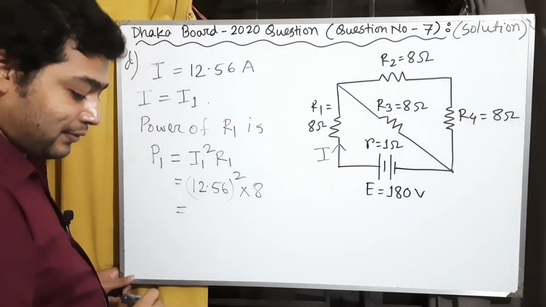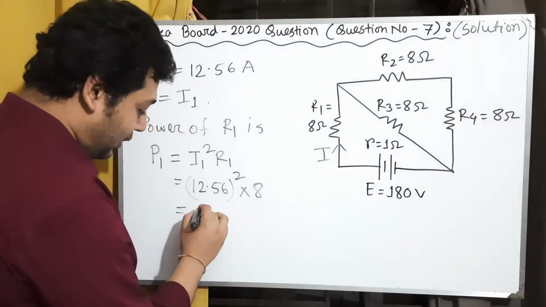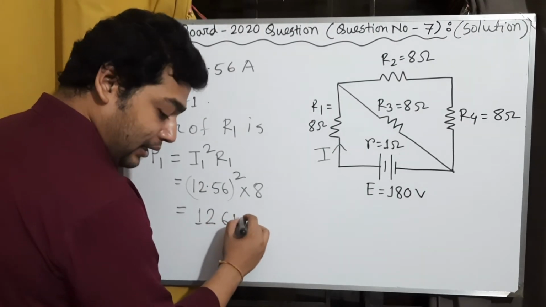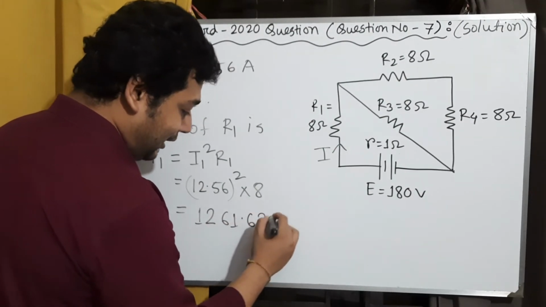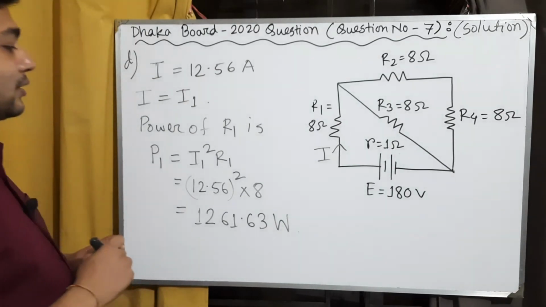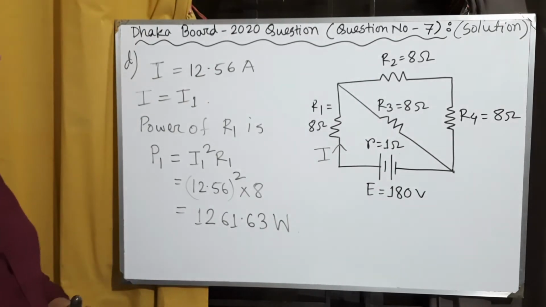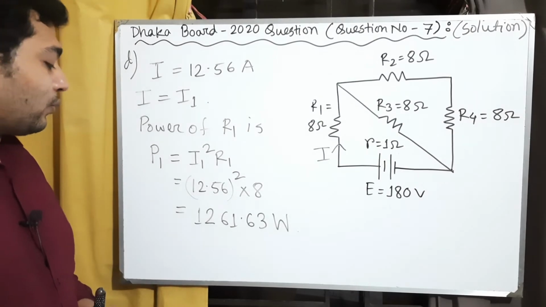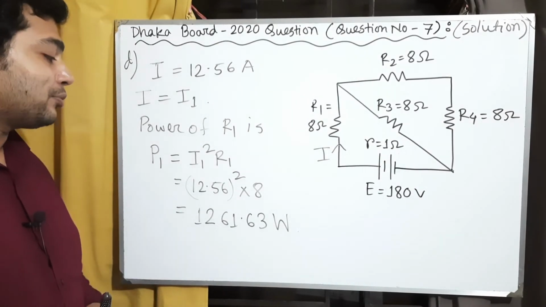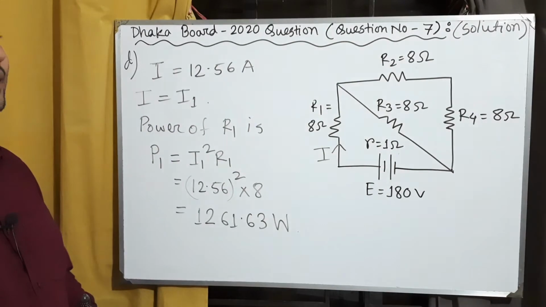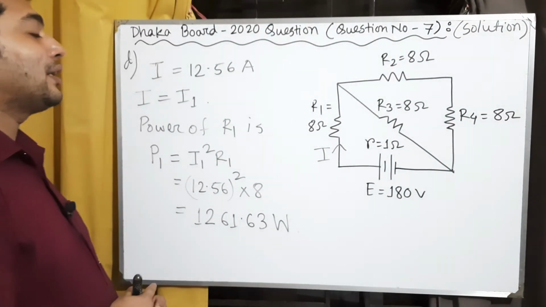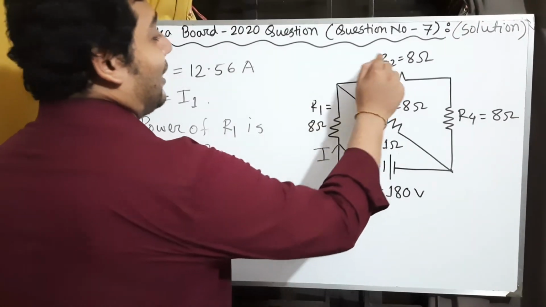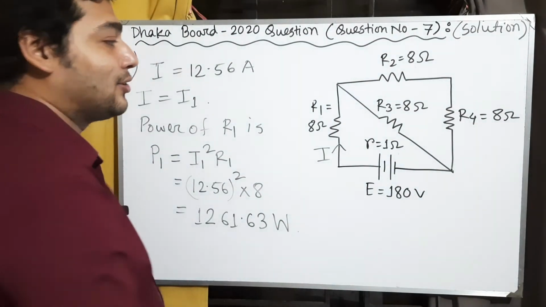Calculating this value, we get 1261.63 watt. So the power of resistance 1 is 1261.63 watt. Now we need to determine the power of R2 and R3.